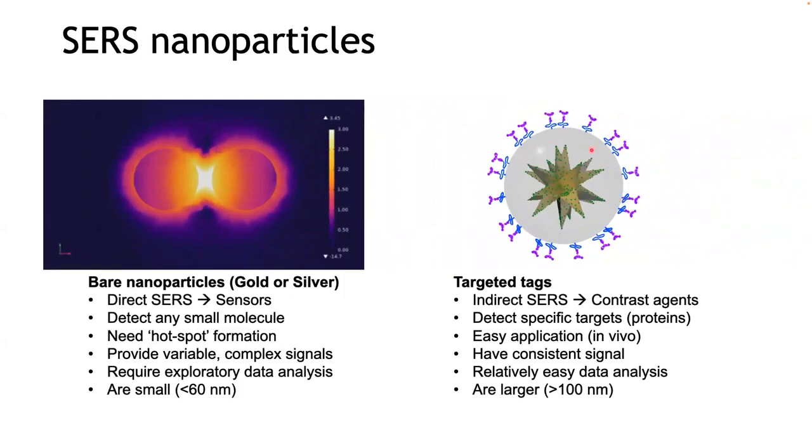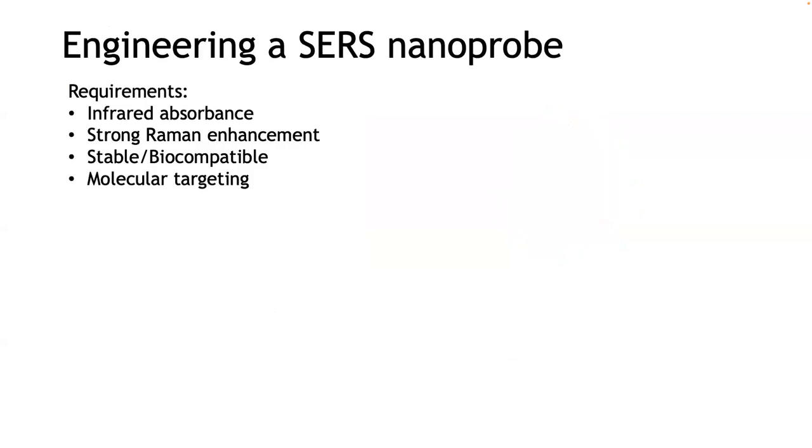So in this case, we have a plasmonic nanoparticle that's encapsulated in a glass shell and targeted with antibodies. And this is what we're going to use for our medical imaging applications.